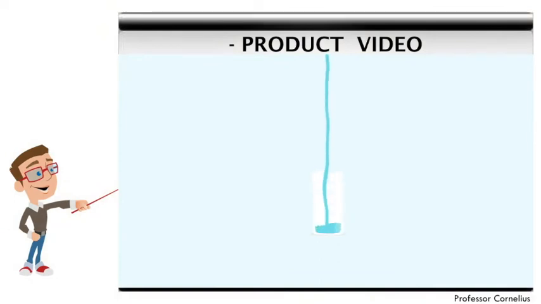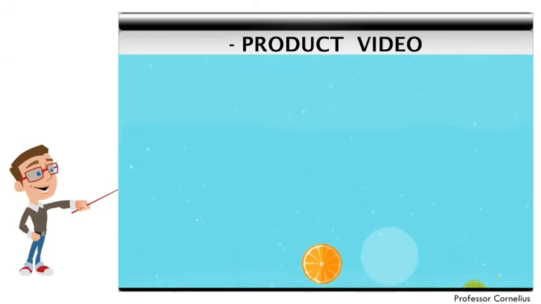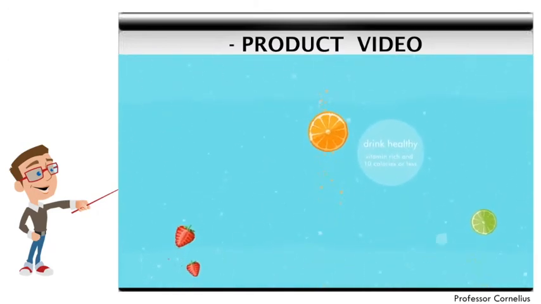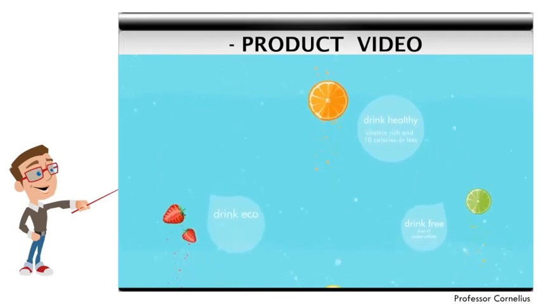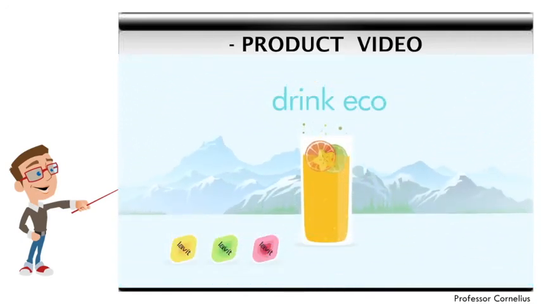Welcome to Lavit. Lavit transforms water into pure wonder, crafting cold, still, and sparkling beverages on demand just for you. Lavit drinks are vitamin-rich and always 10 calories or less. Drinks are free of preservatives and only made with all-natural flavors. See, every beverage is made from the easy-to-recycle Lavit aluminum capsule.